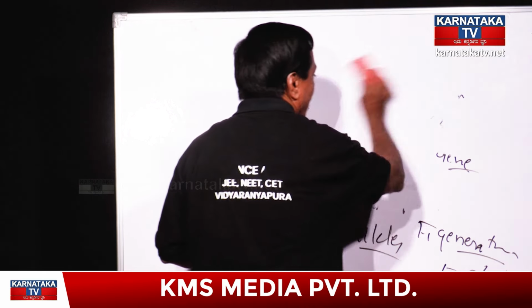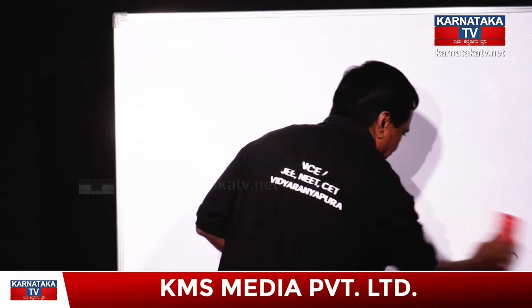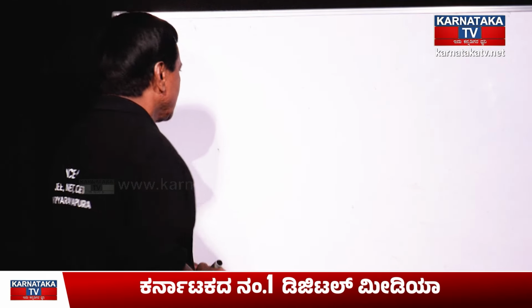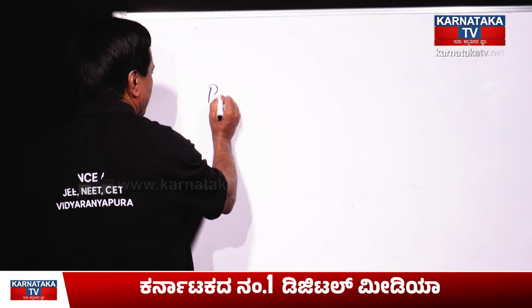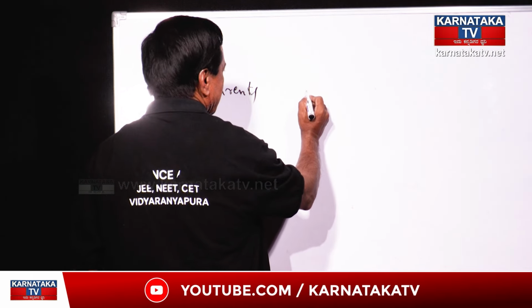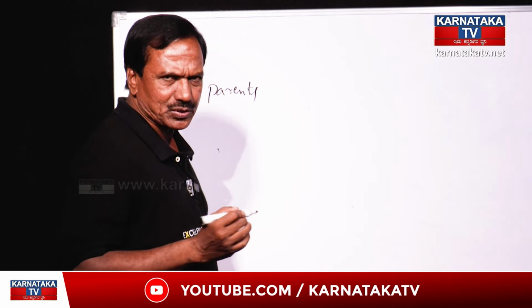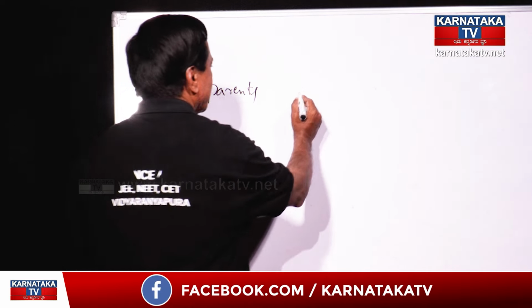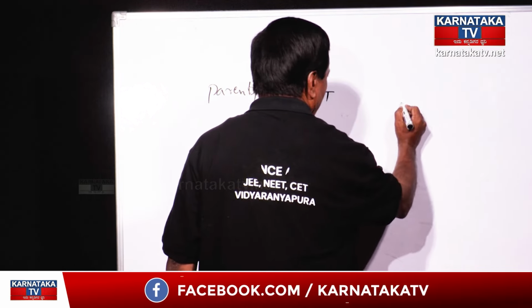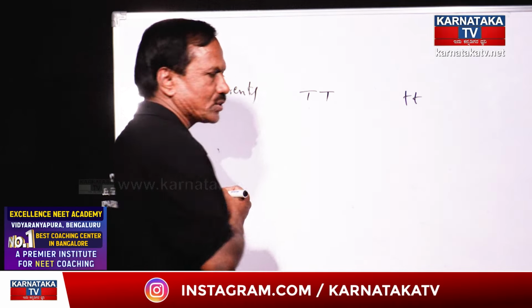After that, what you have to do is write the chart. For example, parents: homozygous tall. Actually, homozygous tall is represented by capital letters like this. Like that, homozygous dwarf is represented by these two letters.